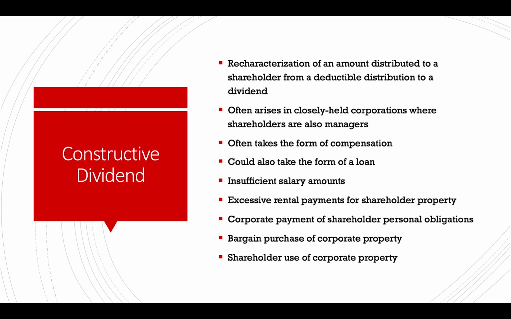We first talked about cash distributions. That was pretty easy. We moved on to property. Generally, when a corporation distributes property, they act as though they sold it on the date of distribution for fair market value. The shareholder receiving it receives a dividend equal to the fair market value minus any liability attached to that property, and their basis is the fair market value, including the liability.